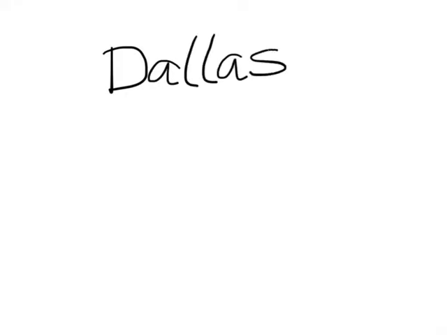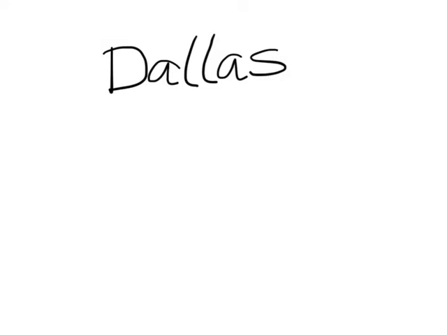So the last problem I want to do is this: in how many ways can you arrange the letters in the word Dallas? So how many ways can you arrange all the letters in the word Dallas? So pause the video and give it a shot. So that's exactly right.